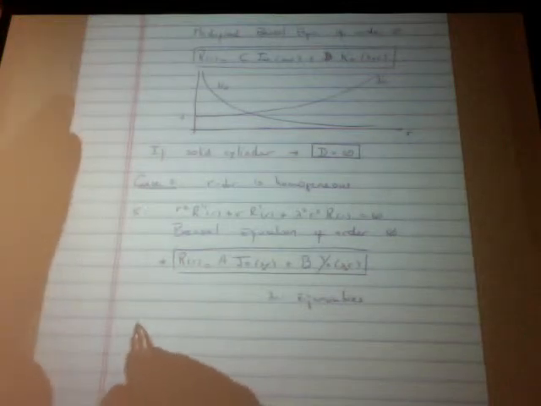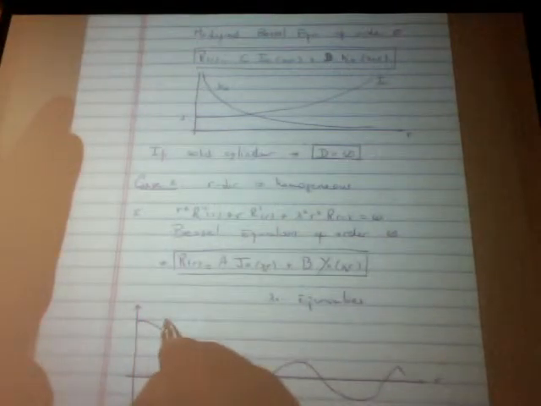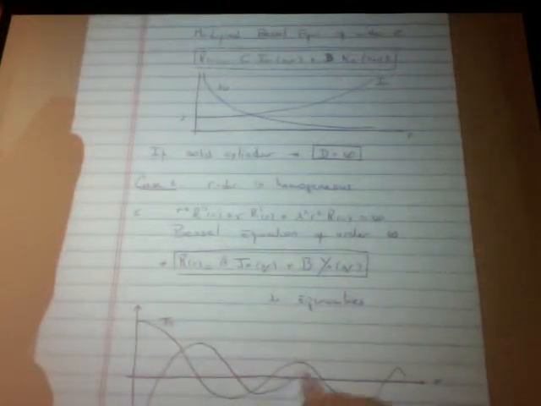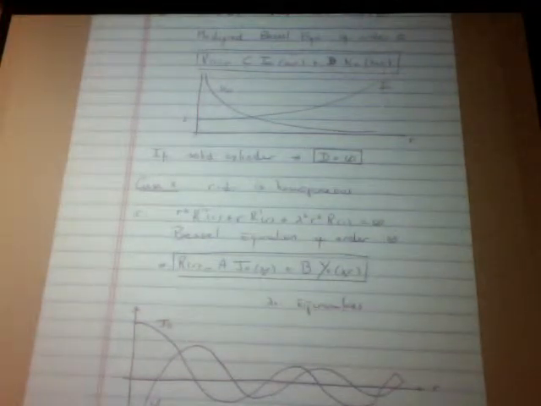These functions, remember, look like this. This is J0, and this is Y0.